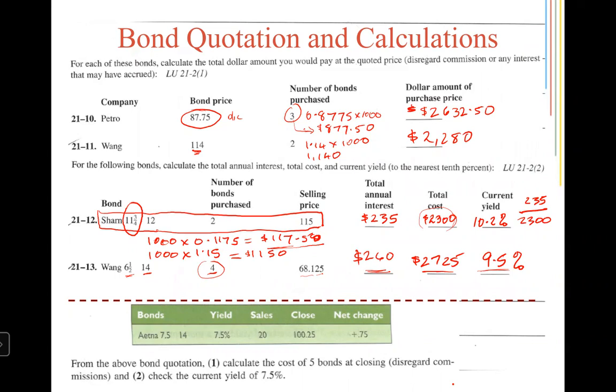But that 7.5 right next to the name, the Aetna name, is telling us what? Mr. Heel, can you help us? Yeah, that 7.5 right next to the name of the company, the name of the bond. What is that telling us? I'm going to take a guess and say that it would tell us how much.